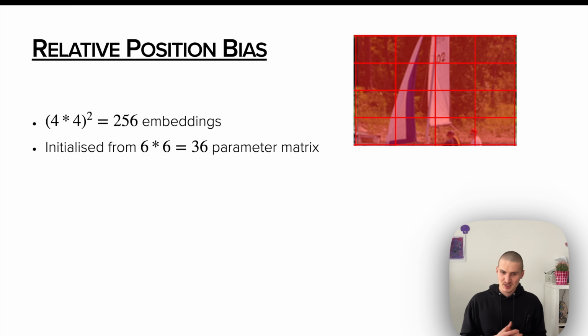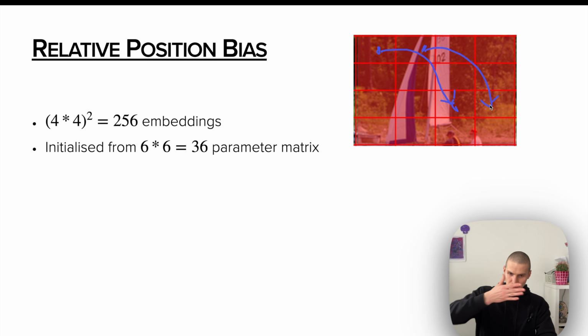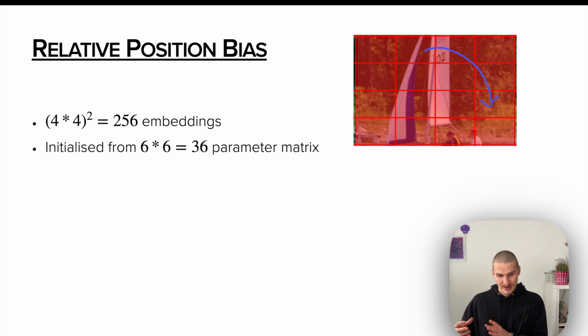It's actually a little bit smaller than that, because, for example, these two patches, their relative coordinate is the same as these two. So it's also 2 to the right and 2 down. So basically, out of 256 unique positional combinations, only 36 of them will actually differ. And this is how it actually looks like in code. So we initialize this 36 parameter matrix, and then we look up the embeddings for every pair that we need.